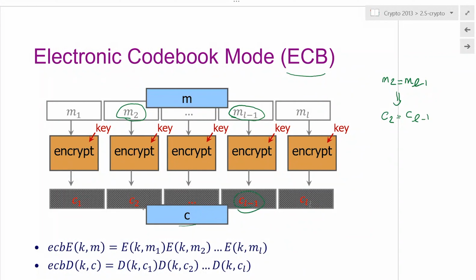Because the input messages are the same and the key is the same, the ciphertext would remain the same. So that would be an issue, and we will see an example of how that can affect the security of the system.